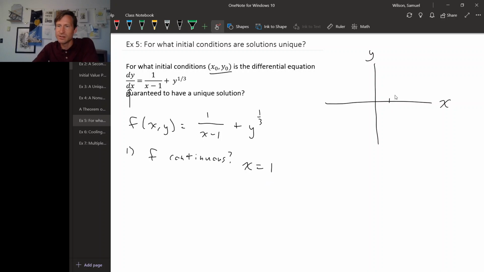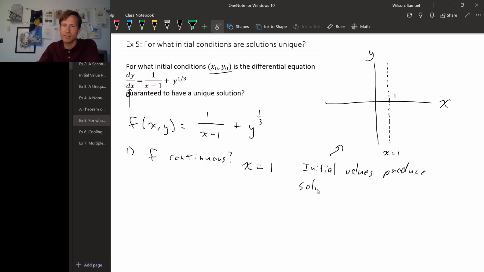So let's just put that on our xy plane here. As long as we stay away from this vertical dotted line where x is 1, initial values in this region of the xy plane produce solutions to the differential equation.